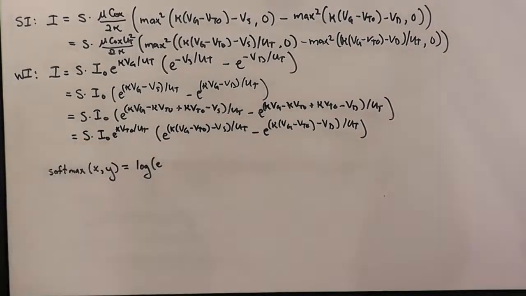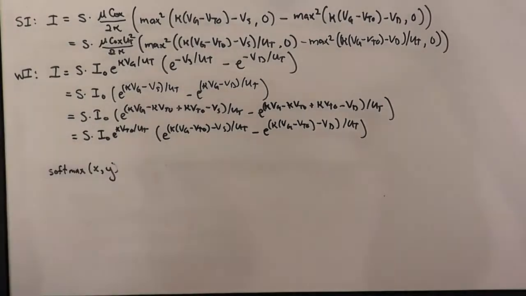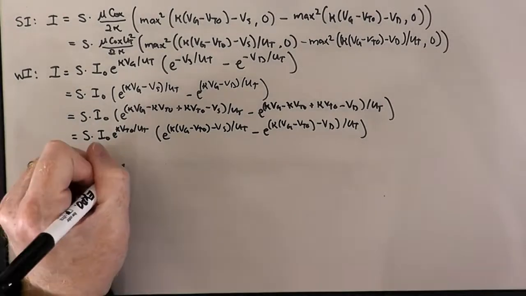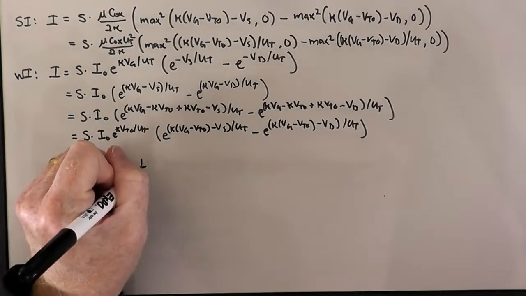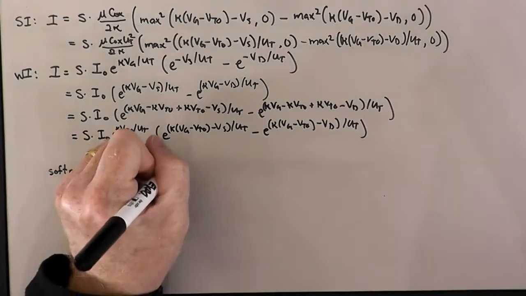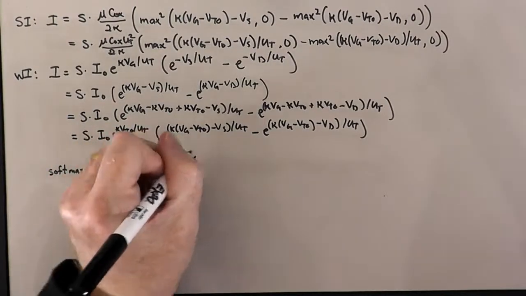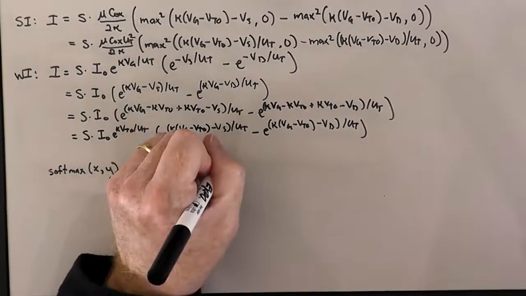Let's say, to make it somewhat adjustable, it's 1 over a times the log of e to the ax plus e to the ay.